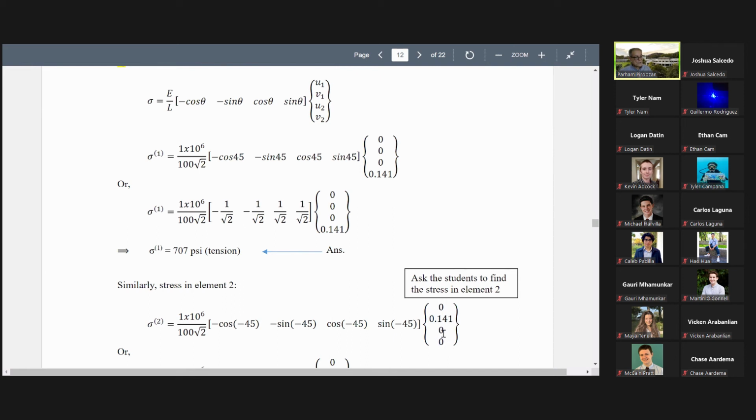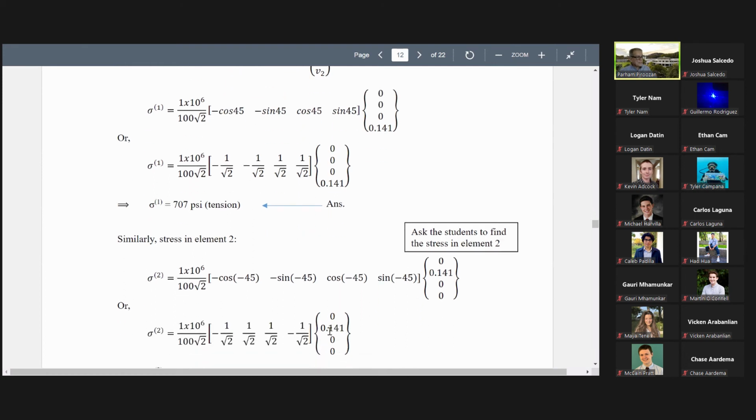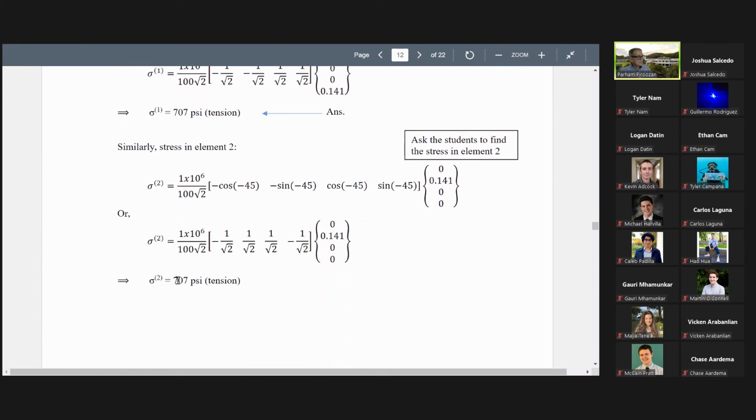So from node 2 to 3, that is the displacement vector for element 2. And plug the numbers, we get 707. That's what we expected to get. Yes, because from symmetry, you see both we got 707.